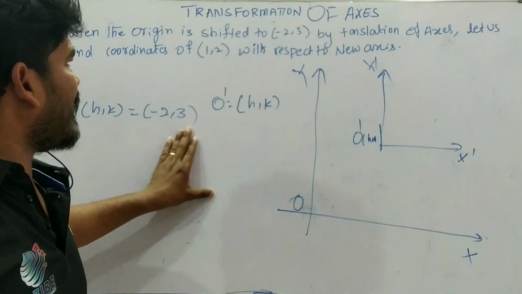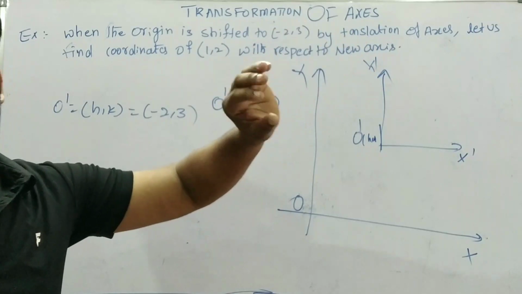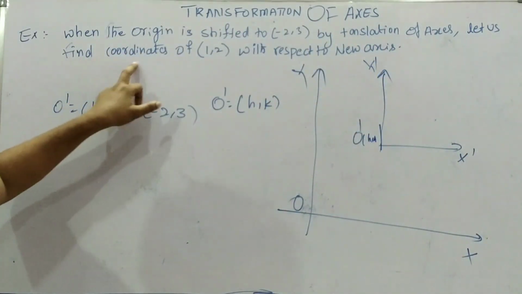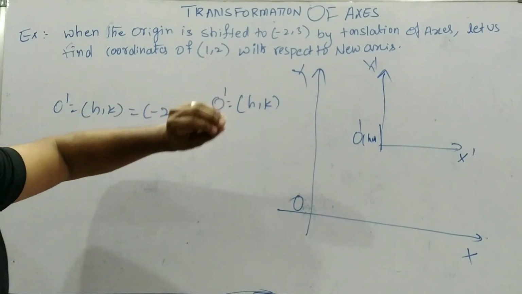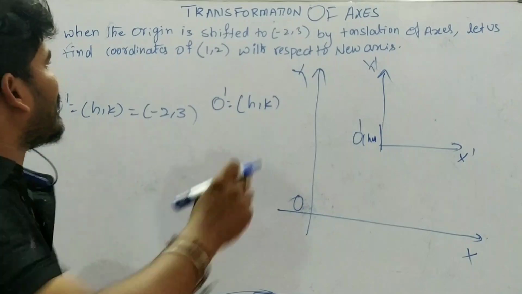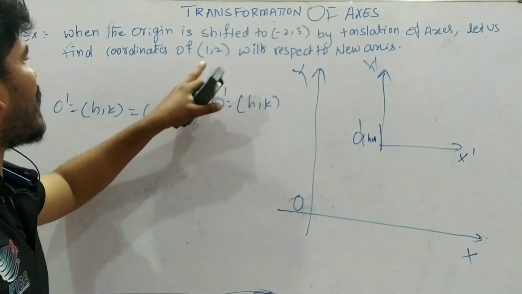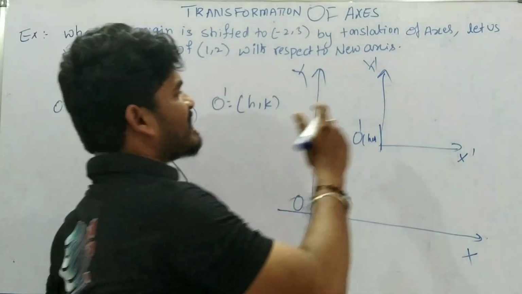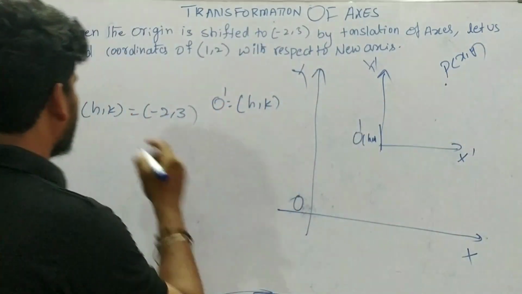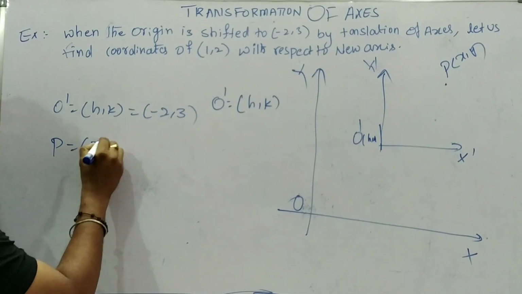Here the shifted origin point is given, and we have to find the coordinates of (1, 2) with respect to the new axes. Already, (1, 2) is the point P(x, y) in the original axes, which is given.